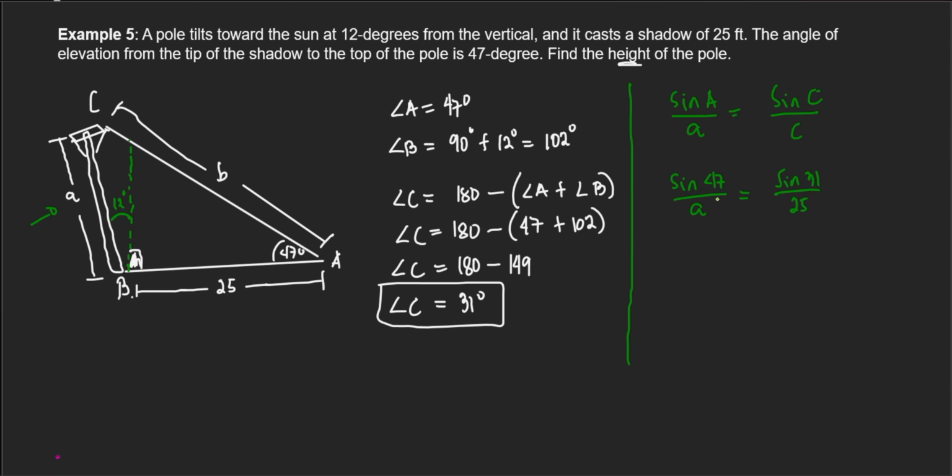Okay, now in this part, so same pa din yung process, you do the cross multiply. So we have A here, multiply to sine 31 is equal to sine 47 multiply to 25.